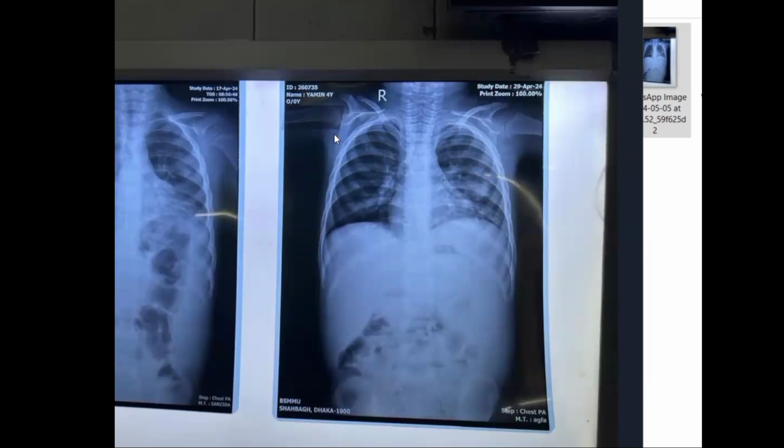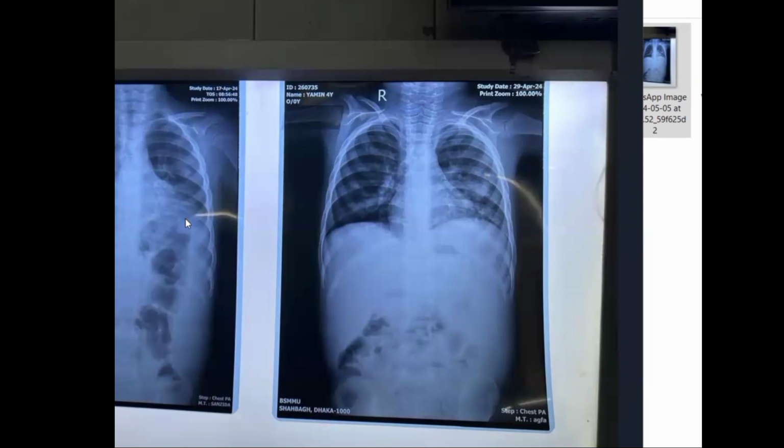And here is another X-ray of another patient. This X-ray, just we will see the pathology, this is Yamin, 4 years old, 17 April, and this is 29 April.